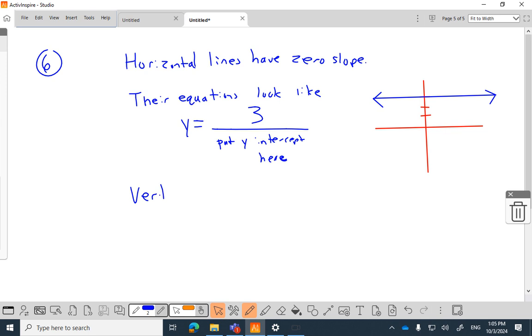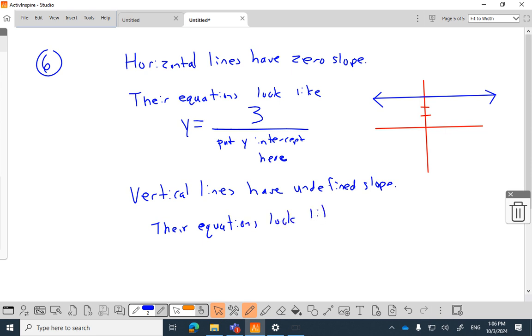Last thing today, vertical lines have undefined slope. We have no way to say what the slope is. Their equations look like x equals, and we put the x-intercept here. They're completely different.